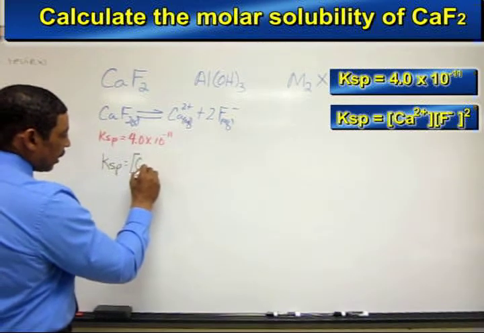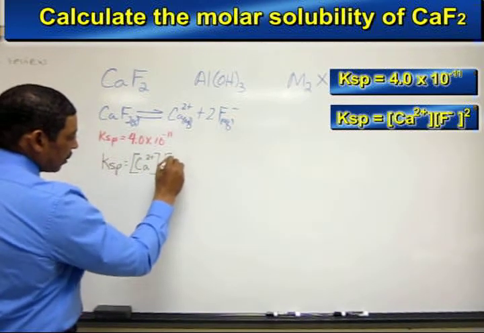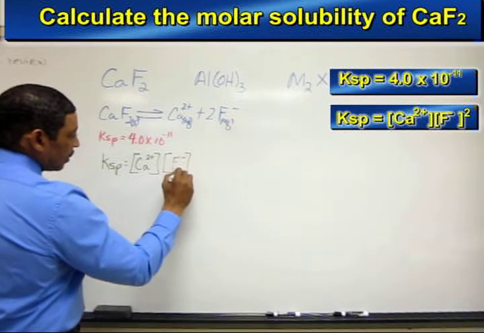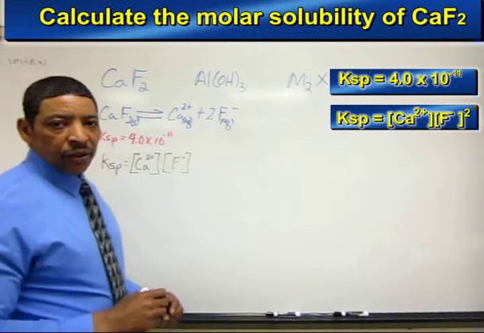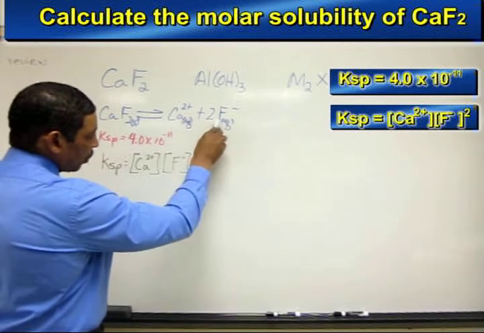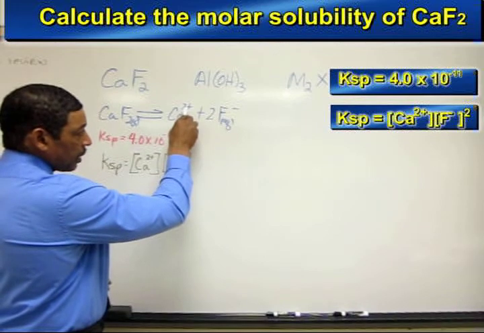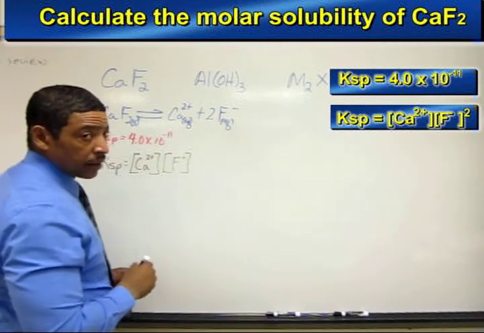To complete the Ksp expression for this particular equilibrium, simply write the following, where the Ksp is equal to the concentration of the cation times the concentration of the anion raised to the second power, which represents the stoichiometric relationship between the calcium cation and the fluoride anion.